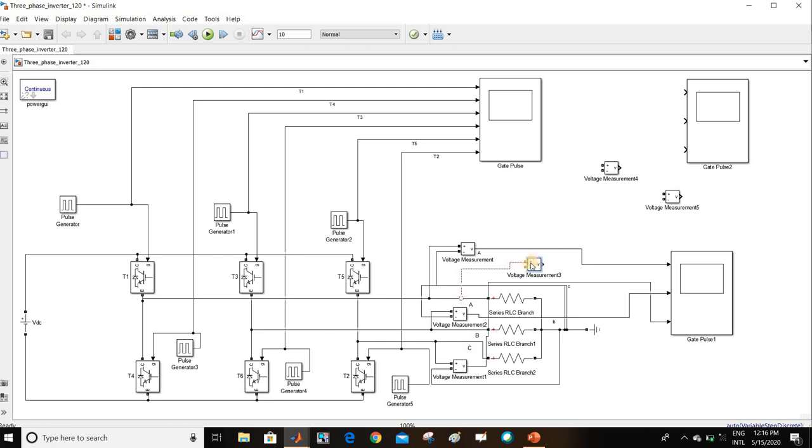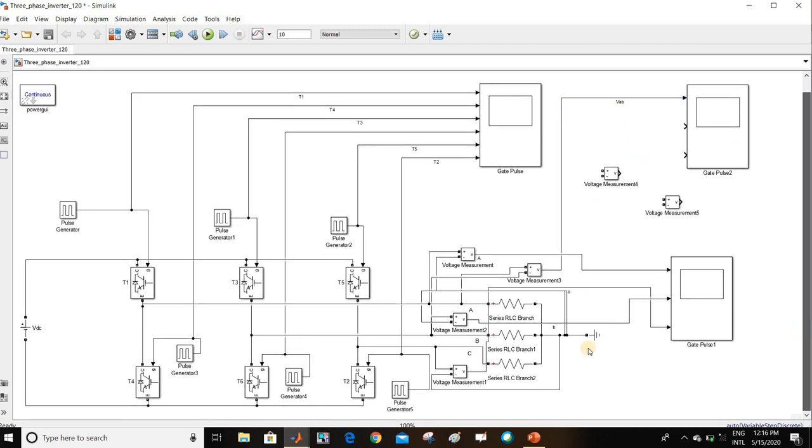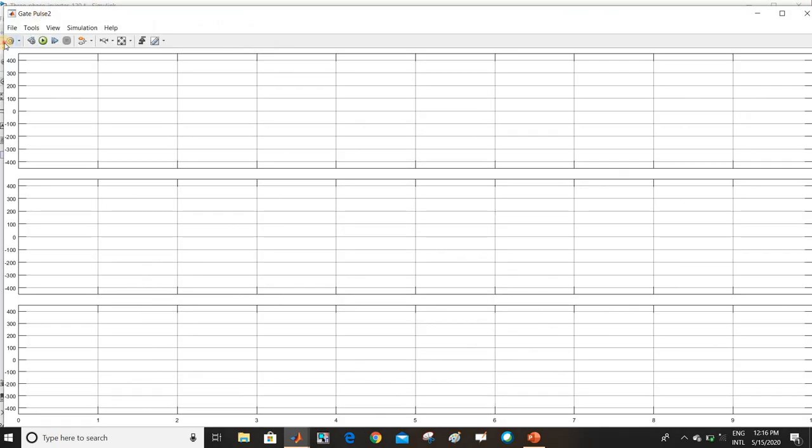So it is VA, then it will go to VB, VAB. So this one is VAB, this one is VAB. I will only show you VAB for this one. So if we consider VAB here, we will be taking one.